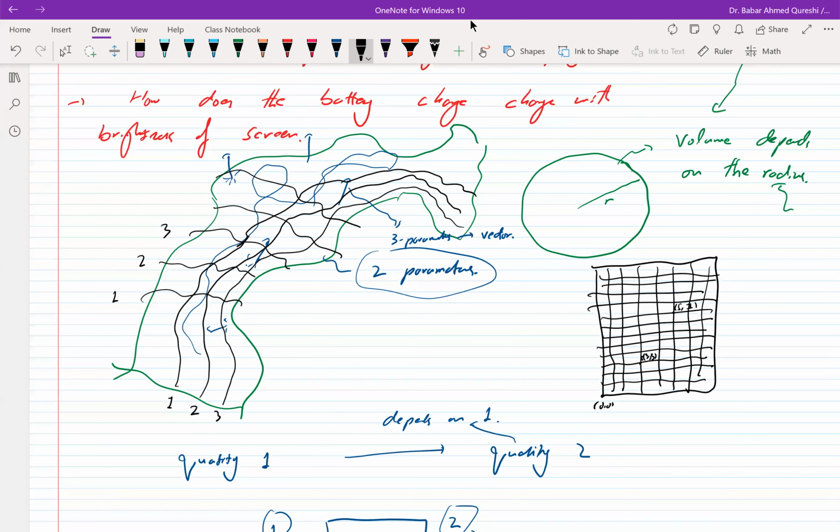So this point you can mark by saying it's at the crossing of line 1 and line 3. That's why I said that you can describe it. If you want to say which way a vector at this point is pointing, it depends on whether it's at this crossing or that one. So you can identify which vector you are talking about by giving these two numbers. So, 2 parameters.